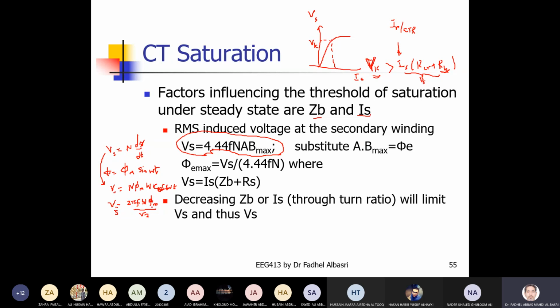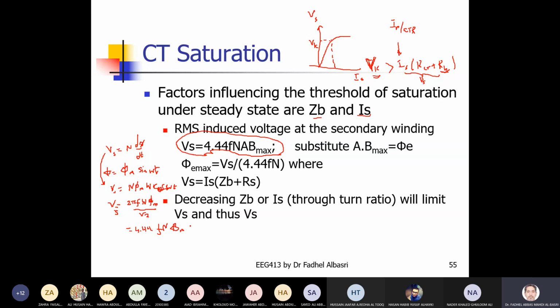And phi m is equal to B times the area, the flux density times the area of the CT in this case. And 2 pi over root 2 is 4.44, so the voltage RMS is 4.44 times f times N times B maximum times the area.